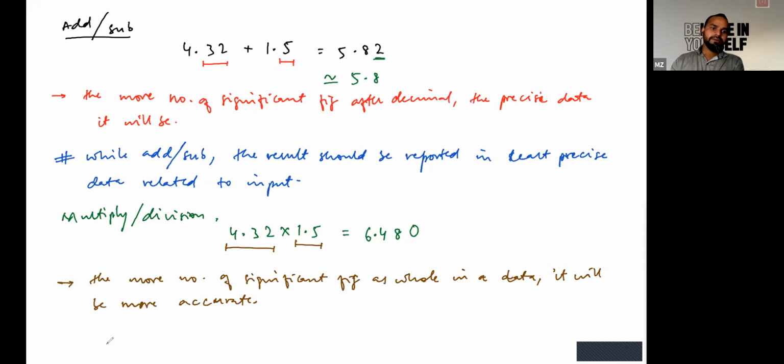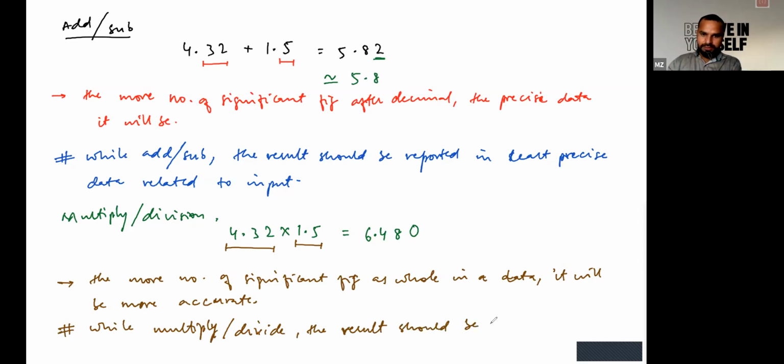So according to the law, while multiplying or dividing, the result should be reported in the least accurate data related to input.